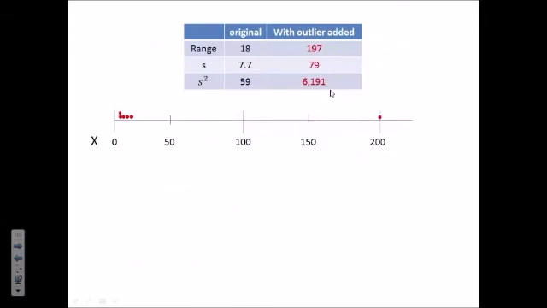Comparing our original distribution with the outlier, notice that the range was 18 originally, and now with the outlier out here, the range goes all the way out to 197. It was about 10 times as large.